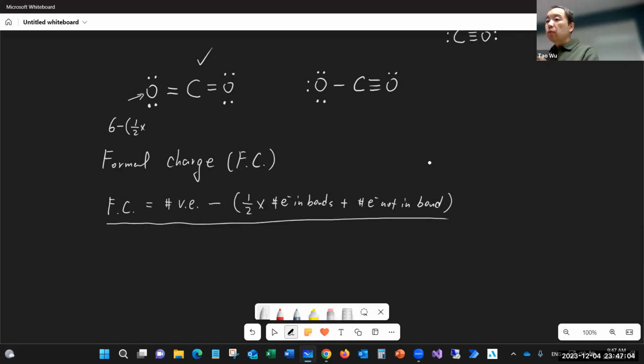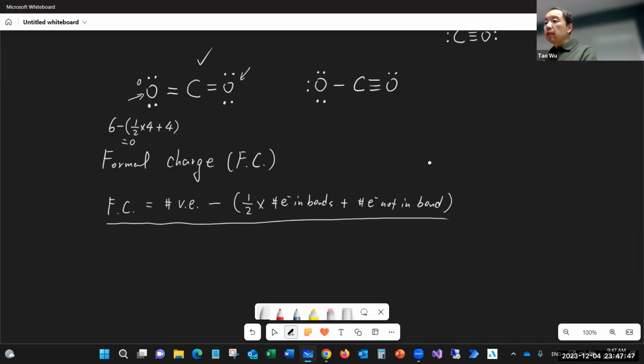So 1/2 times 4, plus the number of electrons not in bonds. How many for this oxygen? 4, right? We have 4 dots. So the calculation is 6 minus 1/2 times 4 plus 4. Then 6 minus 2 plus 4, then 6 minus 6, and you get 0. So the formal charge for this oxygen is 0.